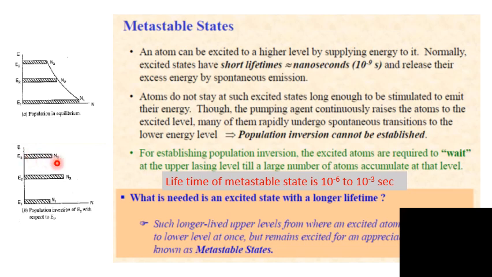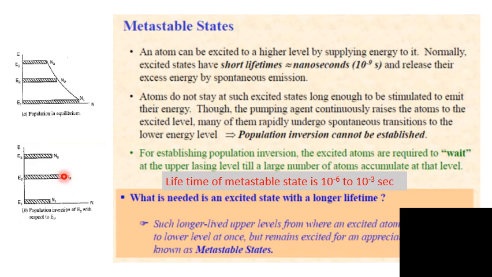In the excited state, the lifetime is shorter, and in the metastable state, the lifetime is longer. The benefit of having a longer lifetime in that level is that we can attain population inversion on that level.